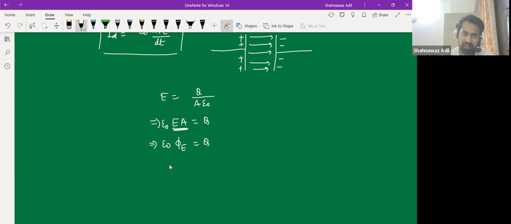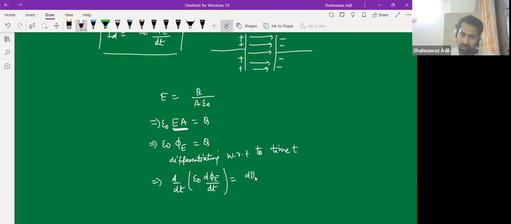Now I differentiate these terms with respect to time. So differentiating with respect to time, right? This would be d by dt of epsilon naught d phi_E by dt, and then this is dQ by dt.